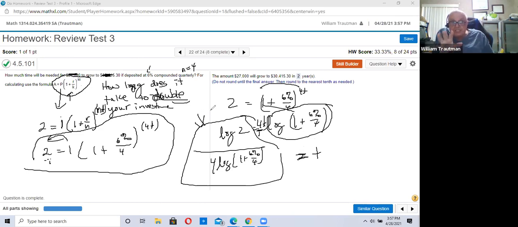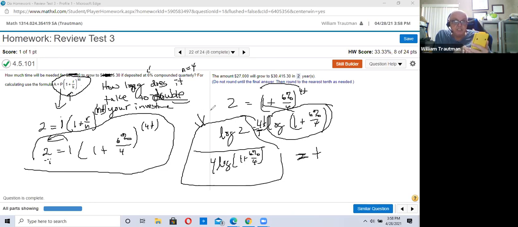So we're going to try the same thing. Put that in your calculator correctly. Fraction, log 2 on top, close parentheses. On the bottom, 4 log, open parentheses, 1 plus fraction, 6% over 4, arrow over, close that parentheses.